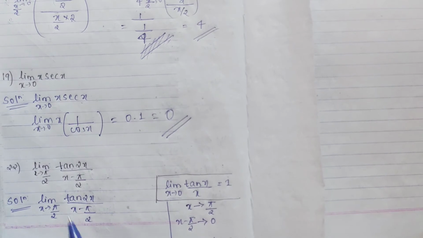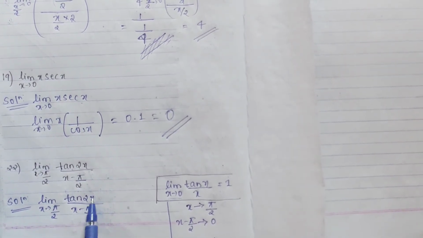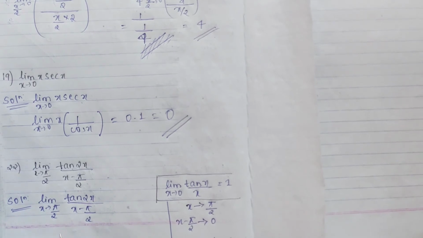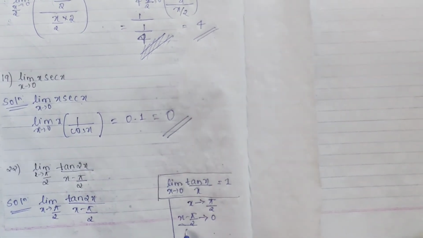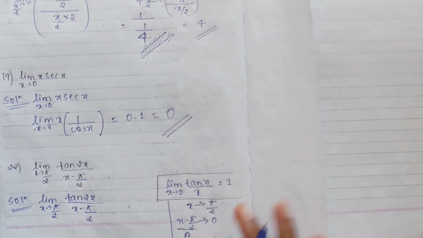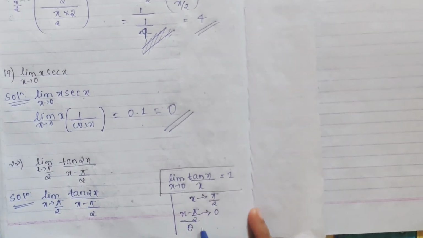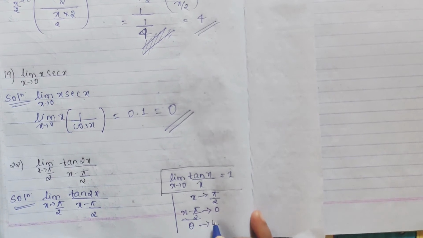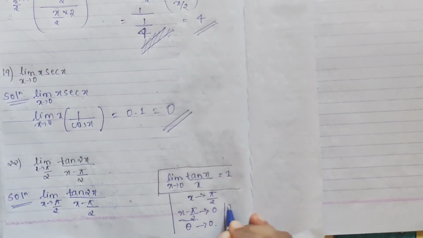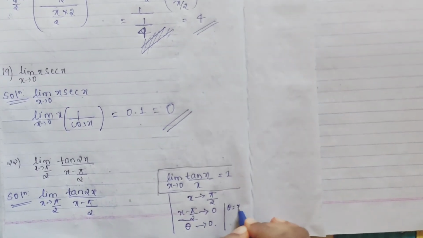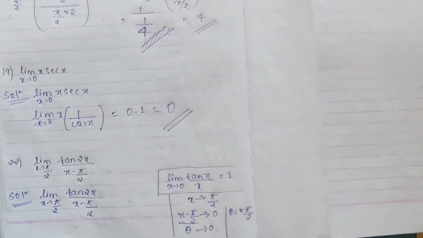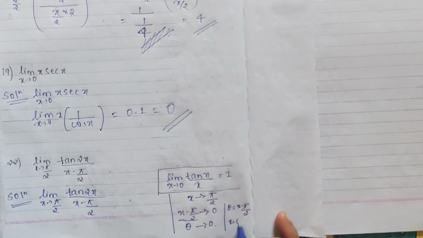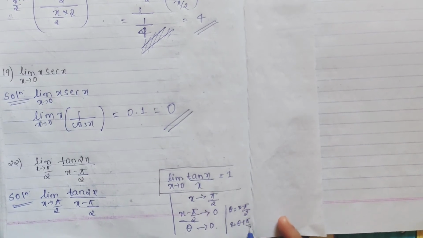Now what to do? Here you have x minus pi by 2, so you will get the limit, but here it is 2x. So for the time being, we'll take x minus pi by 2 as theta as a whole. So theta is tending to 0. Theta is nothing but x minus pi by 2, so x will be theta plus pi by 2.